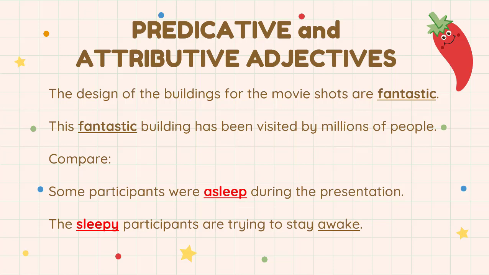We cannot say some asleep participants, but we can say the participants who are sleepy. So there are a few adjectives that are only used as predicative adjectives. I give you the examples: alone, afraid, aware, upset, or awake.